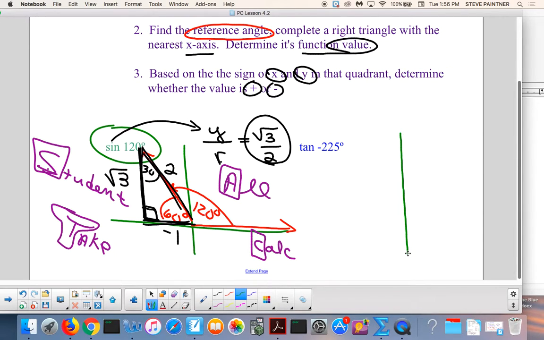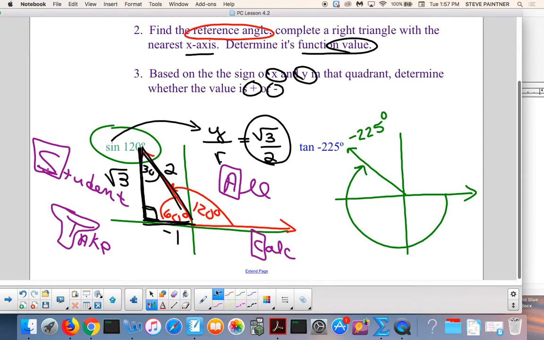First, you gotta draw it. Once you draw it, figure out your reference.